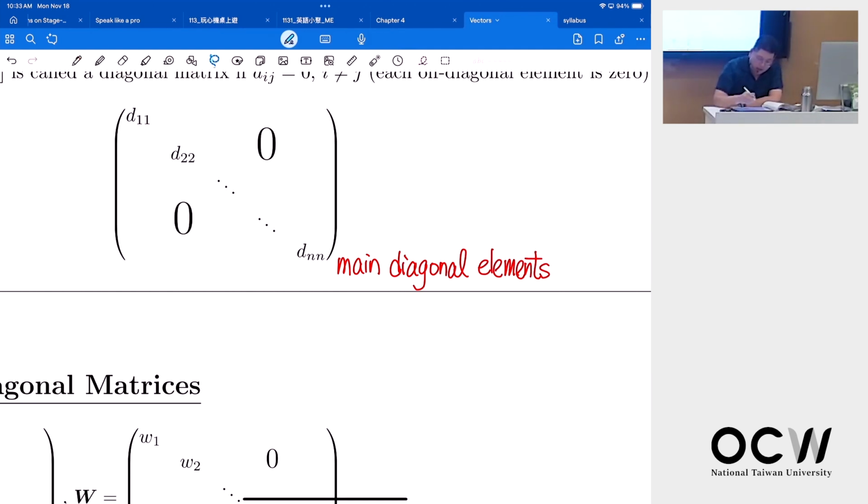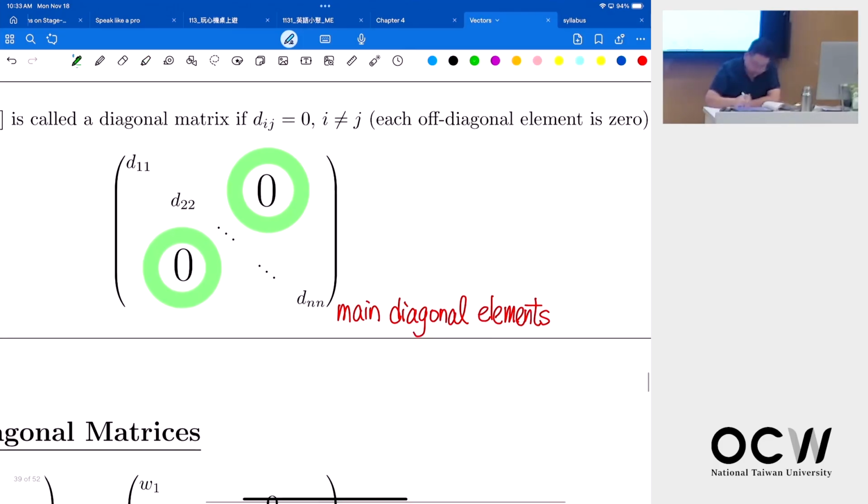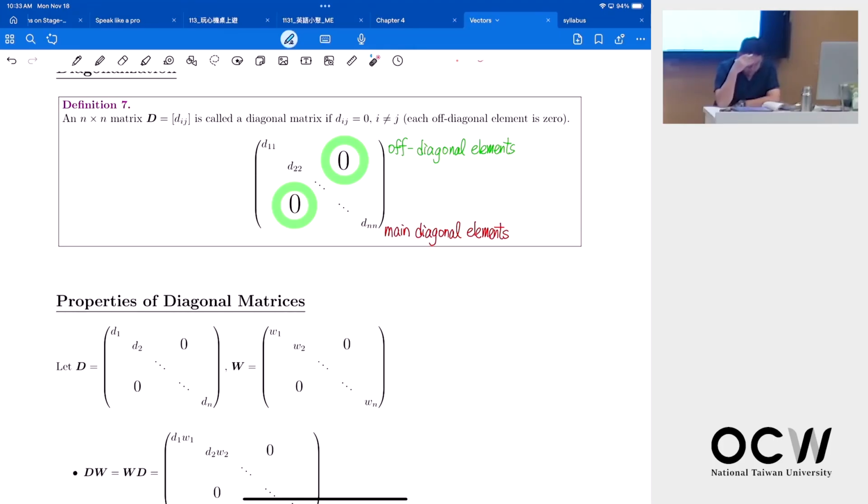And the off-diagonal parts are 0. All right, so now this is a diagonal matrix.